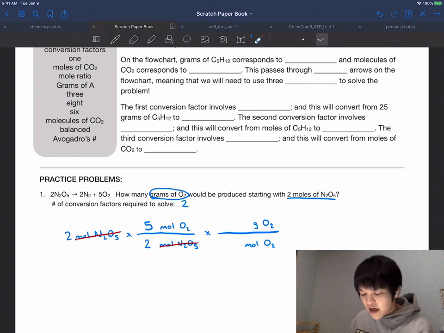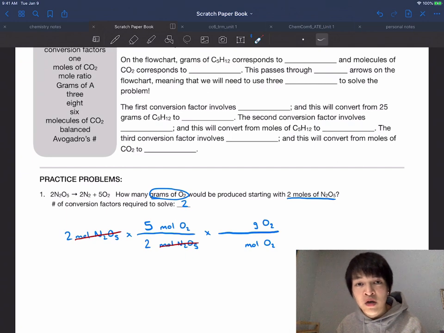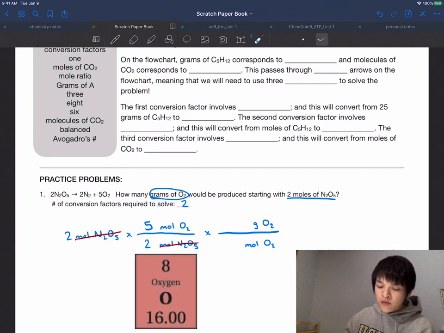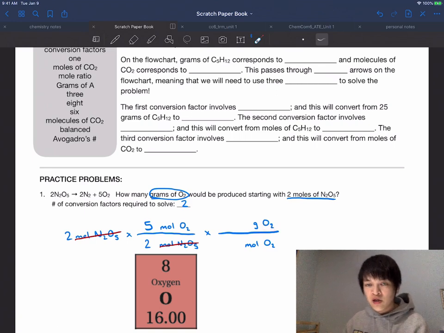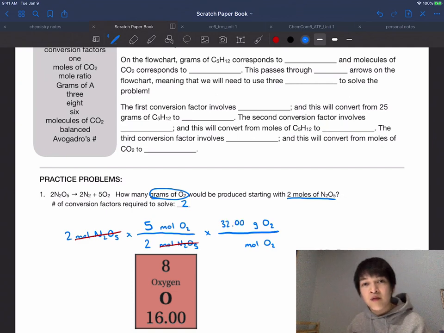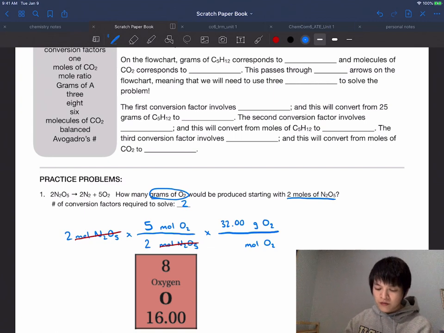If you find O on the periodic table, you're going to notice that it is 16, but the molar mass of O2 would be 2 times 16. So that would be 16 times 2, which would be 32.00 grams of O2 for every 1 mole of O2.